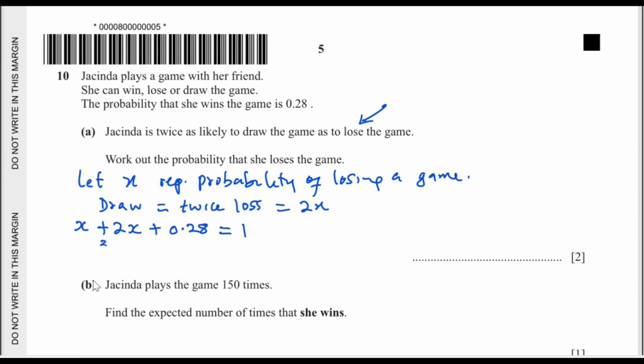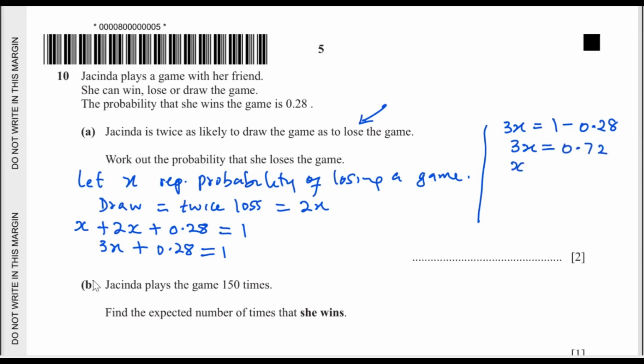So here we have 3s plus 0.28 equals 1. If we continue this solution, we have 3s equals 1 minus 0.28, so 3s equals 0.72.